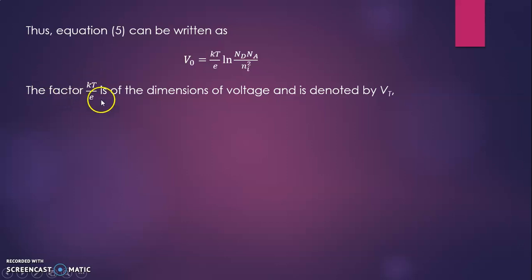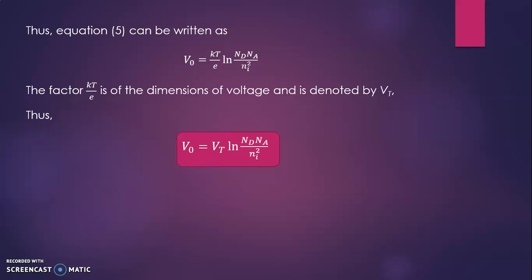The factor kT upon e is of the dimension of voltage and it is denoted by V suffix T. So this term we are writing as V suffix T, and that equation changes to V naught is equal to V suffix T ln of capital N suffix D into capital N suffix A divided by N suffix I square, which is the equation of barrier potential.